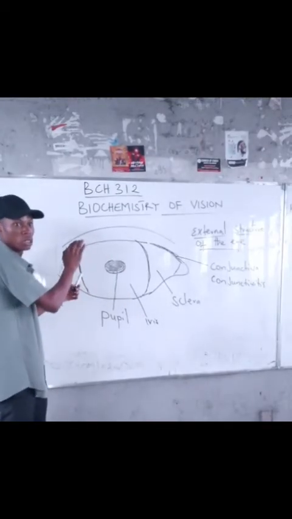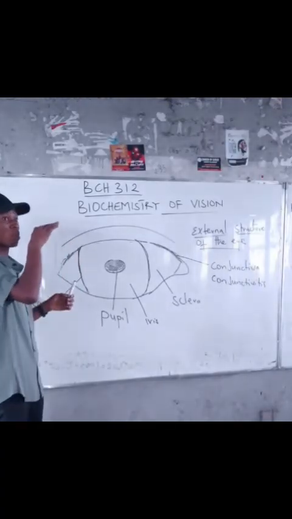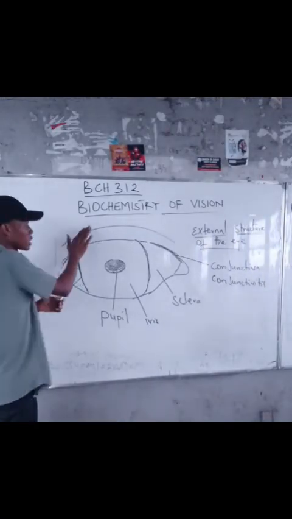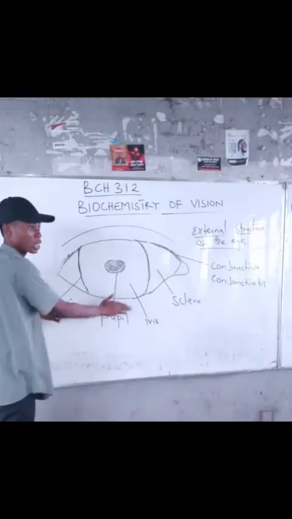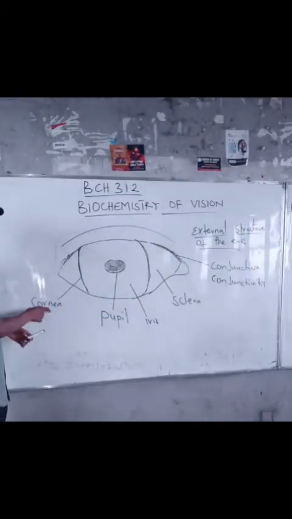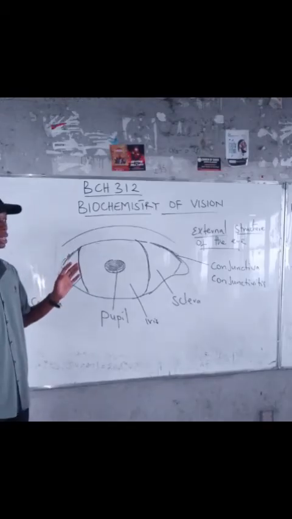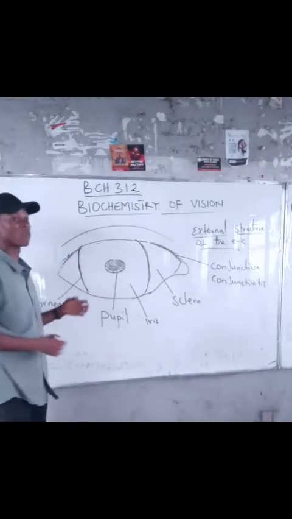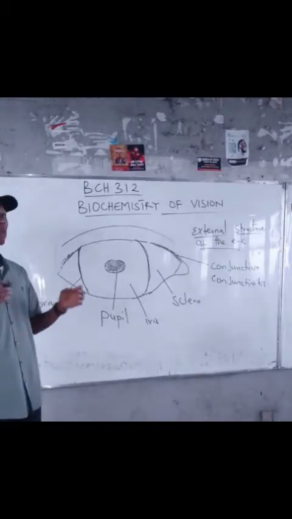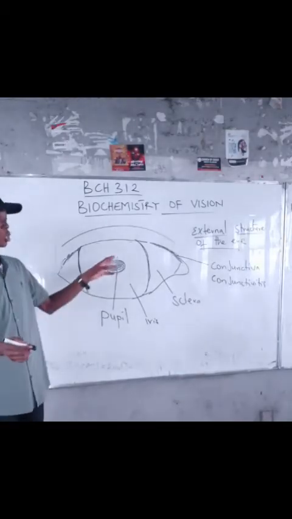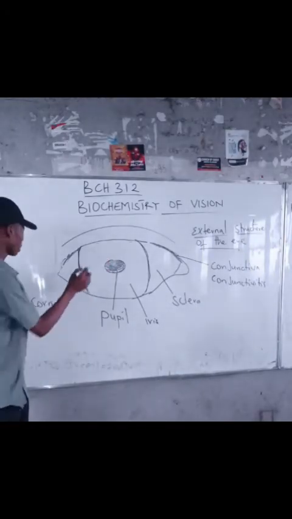That is the cornea, so the cornea is the outermost. It is a covering and it refracts light. We'll see that when we talk about the mechanism of vision.